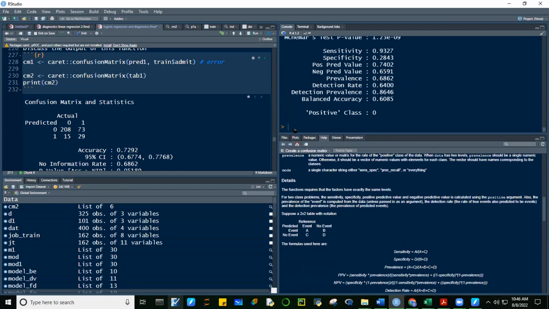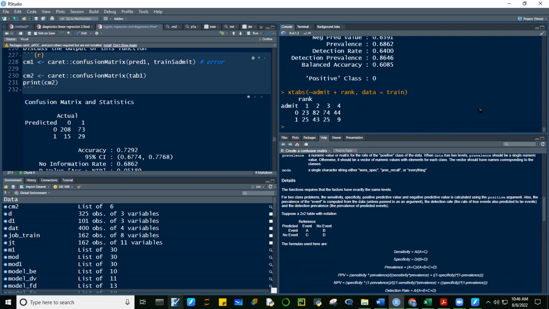Ano yung ibig sabihin nun? So let me run the cross tabs again. Admit at saka si rank. Dapat data is equal to train data ito. So nagpapa-cross tab ako ng sa train data. Ay, ba't rank?